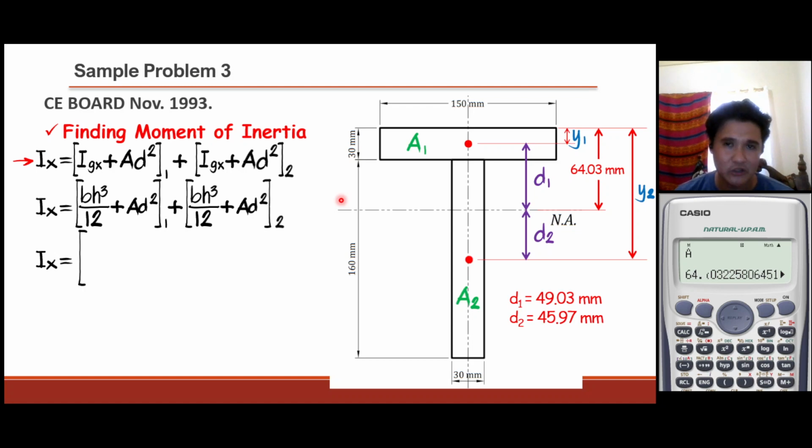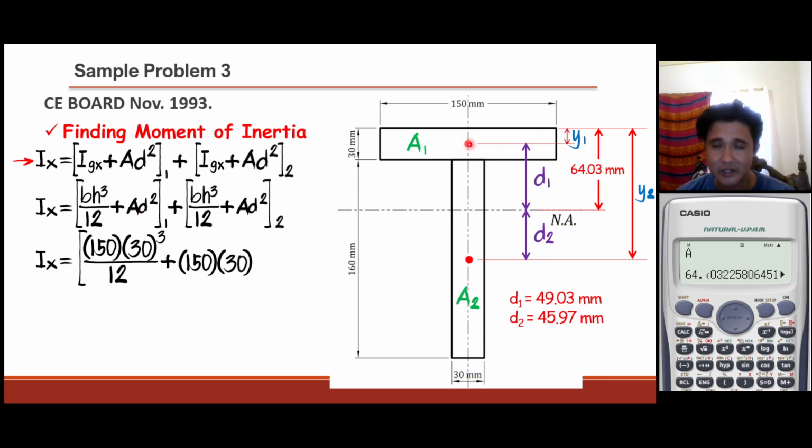So, for area 1, yung base natin ay 150 millimeters. Tapos, yung height natin ay 30 millimeters. Tapos, i-cube natin yan. BH cube all over 12. And then, yung transfer axis theorem natin na AD squared. So, area natin na 150 times 30. Tapos, D squared.